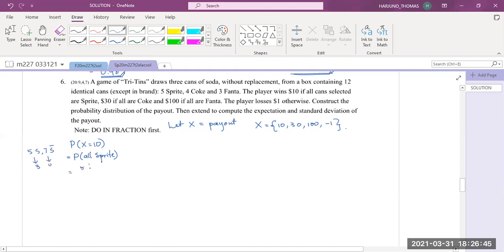That will be 5 choose 3 times 7 choose 0 over 12 choose 3. That's 10 times 1 over 12 choose 3, which is what? I think it's 84... 220. So 10 over 220.